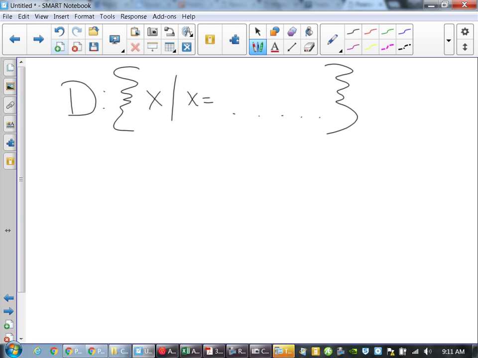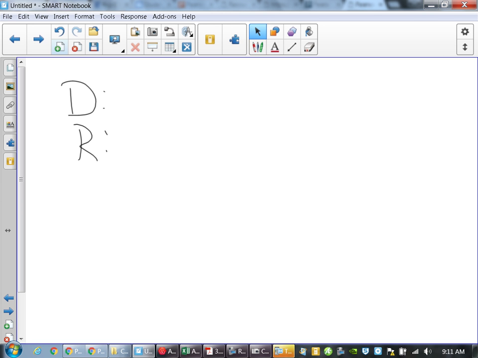Or you can just say domain blah blah blah, range blah blah blah. Do you repeat them? That's the only trick. If you have two x values the same, you only write it down once. Two y values, you just write it down once. That's like the only real rule in those things.